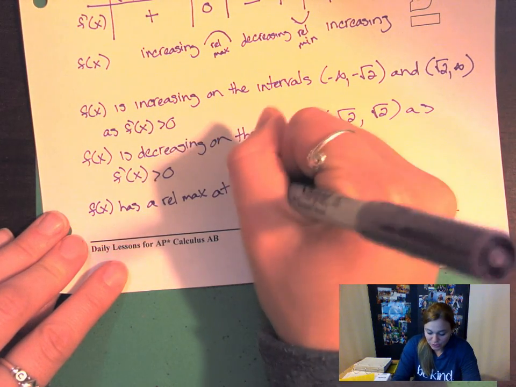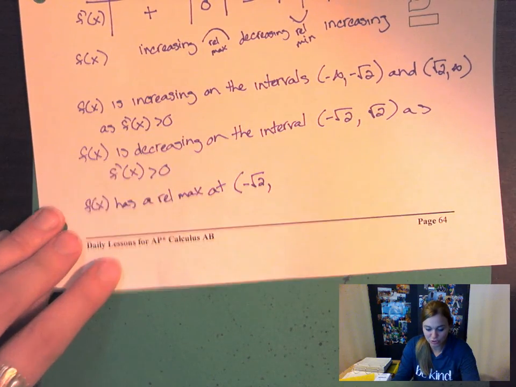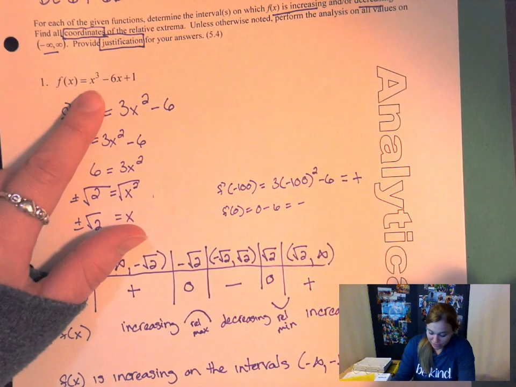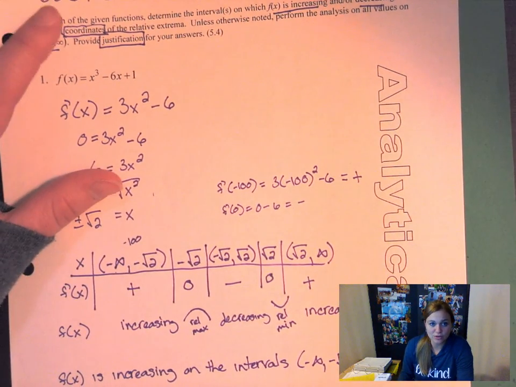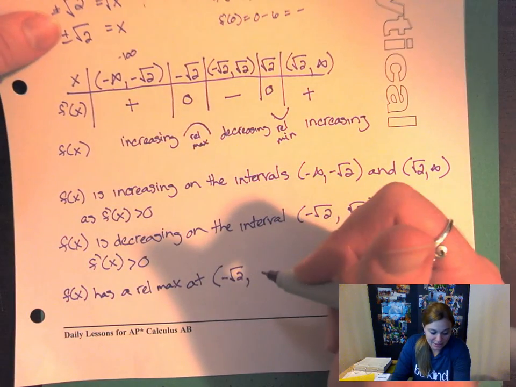So I'm going to say negative square root of 2, and this is where it's going to be really crazy because you actually don't have to do too much in this. You go up here and you say, what is f of negative square root of 2? You can leave your y value as something crazy like this.